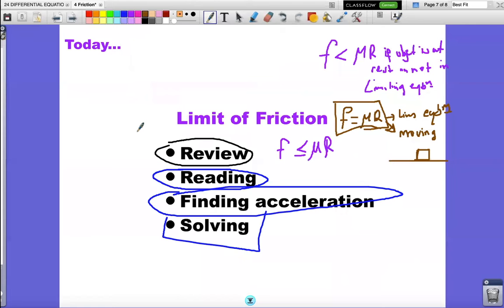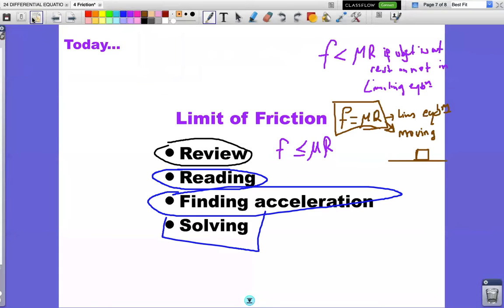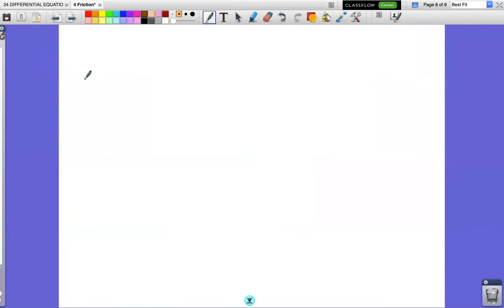So essentially, if you have an object on a surface, if there is a force like that, and this is the limiting equilibrium force, you have F here, which is mu R, but this object is still at rest.